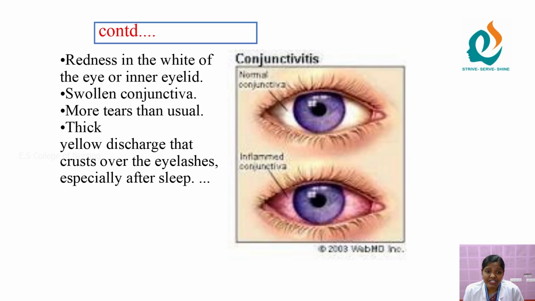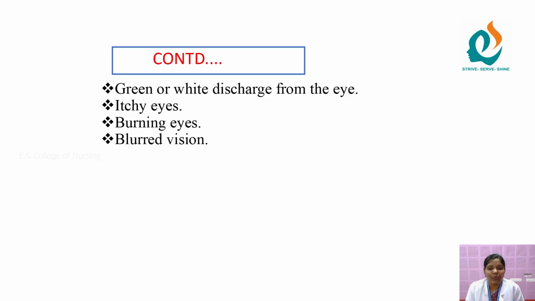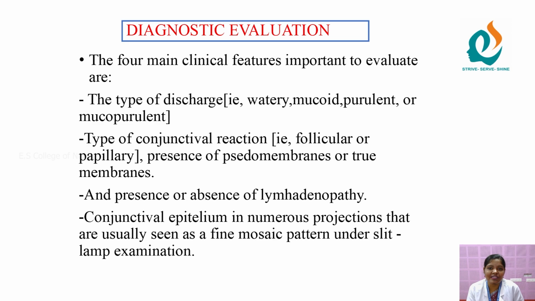A swollen conjunctiva is present. More tears than usual. Thick yellow discharge that crusts over the eyelashes, especially after sleep. Green or white discharge from the eye, itchy eyes, burning eyes, blurred vision. So these clinical manifestations are present in conjunctivitis.